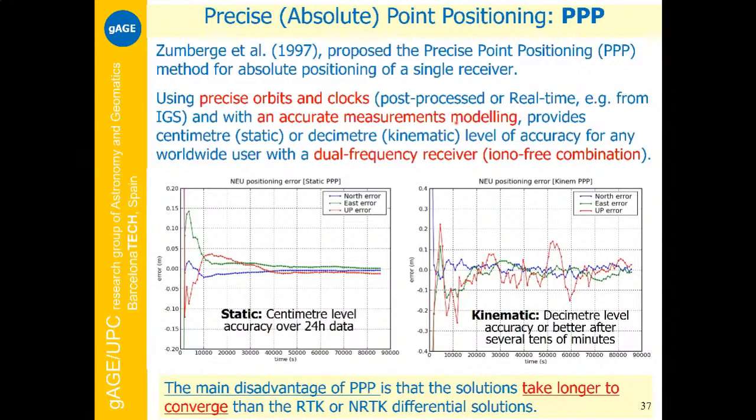Orbits and clocks are at the centimeter level, but we have to deal with all the error terms that Adrià has commented before. Not only accurate orbits and clocks, but also other additional terms like the antenna phase center, because these involve centimeters and the target is to get centimeter level of accuracy.